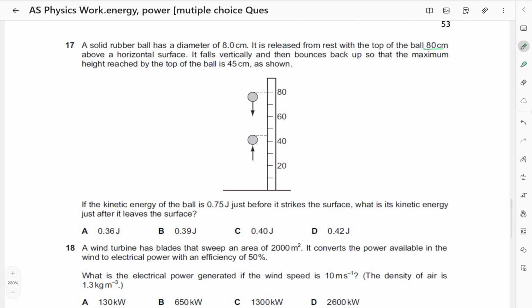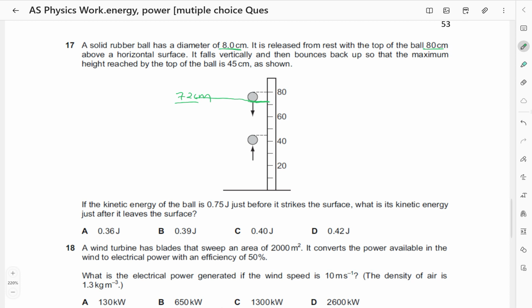So let's first of all initially look at this distance here. The diameter of the ball is 8 centimeters. So when we are finding gravitational potential energy, the starting point is going to be 80 minus 8, which is going to be 72 centimeters. So the gravitational potential energy will be considered by looking at 72 centimeters, not 80 centimeters.